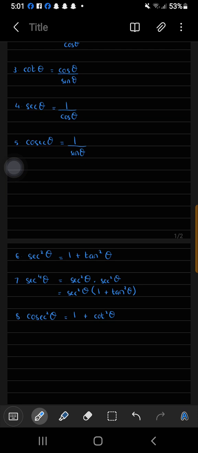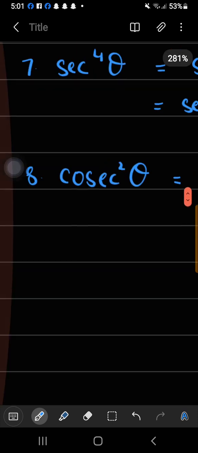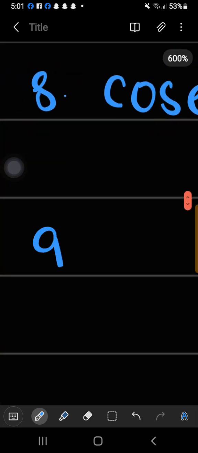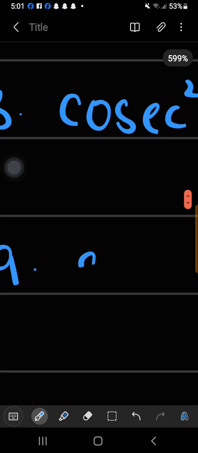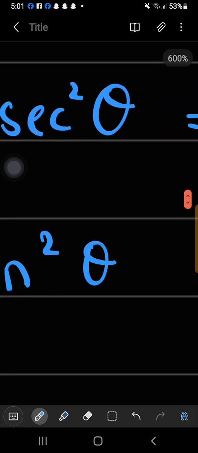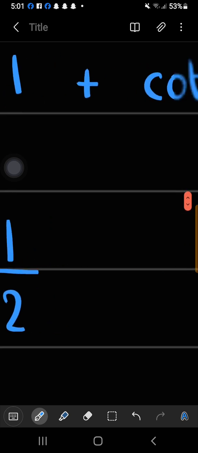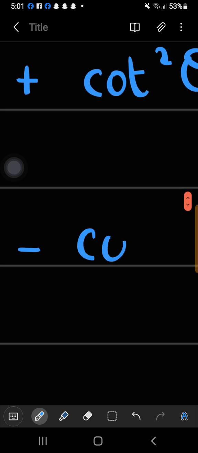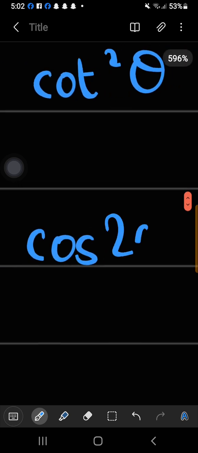So now let's move ahead with property 9. Here is sine square theta. It can be written as 1 upon 2 minus cos 2 theta upon 2.